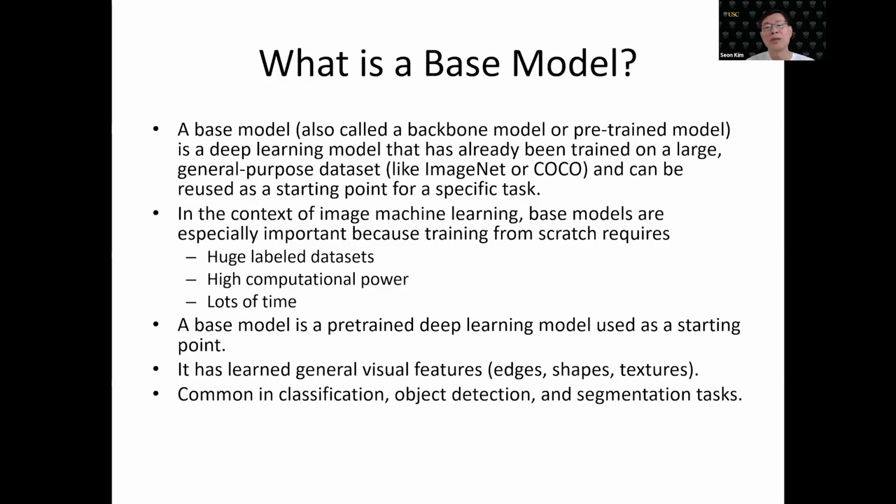But the big companies develop this big model called a base model. And once we have the base model, we can use it to develop our own image machine learning model. Sometimes it is called a customized one, for a specific kind of object.